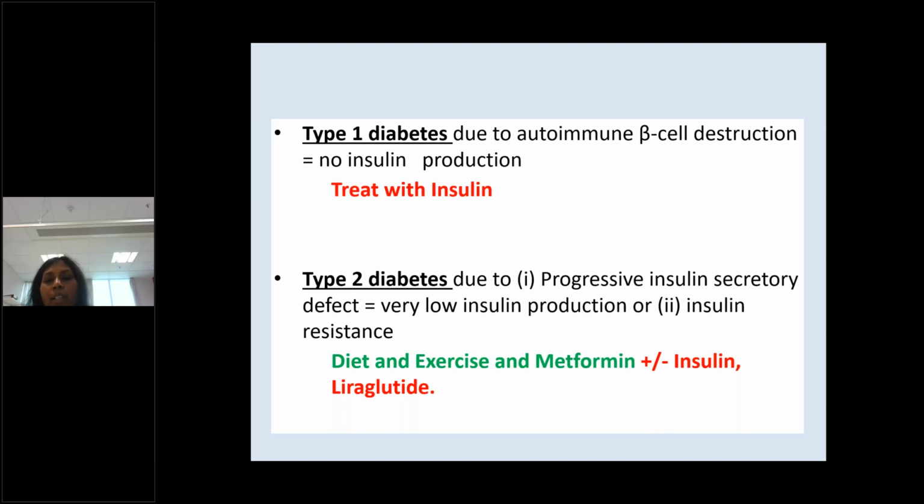And some children may need insulin as such, and there are some newer therapeutic options available nowadays, which is liraglutide. It's basically a glucagon-like peptide 1, and what it does is it decreases the glucagon secretion and increases the insulin secretion, and thereby increases the insulin sensitivity as well as its levels.